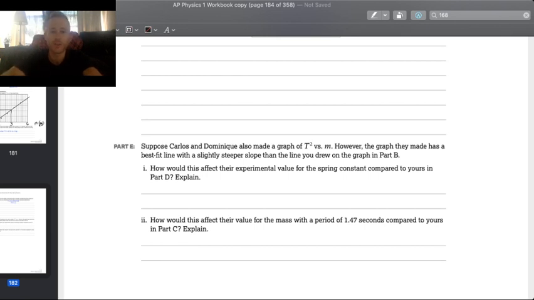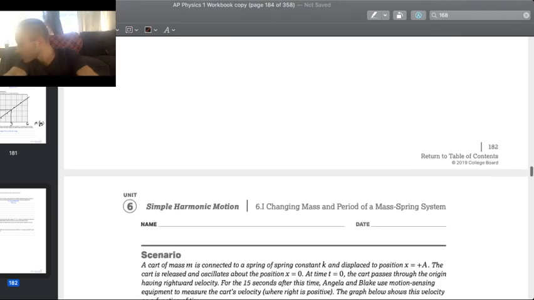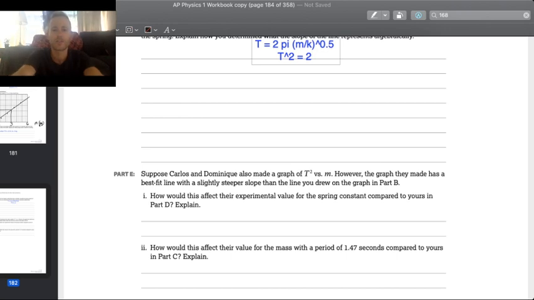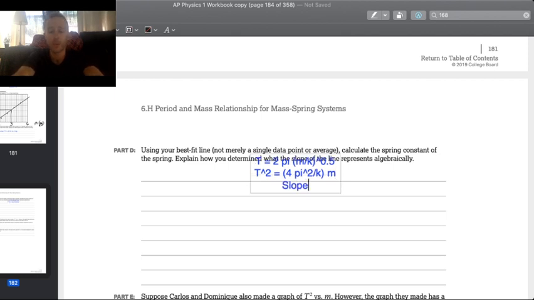I guess you have one less question to do today because I did the wrong one. Whoopsies, sorry about that. So I get period squared equals 4 pi squared times m over k. So if I graph period squared versus mass, it should look like a line, and the slope of that line is equal to 4 pi squared over k.